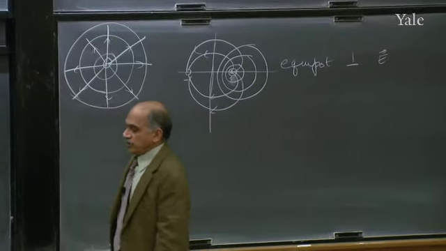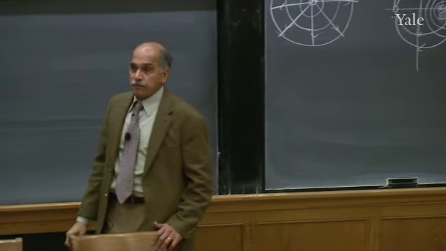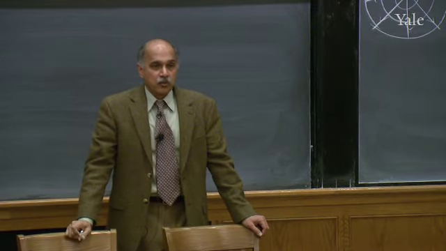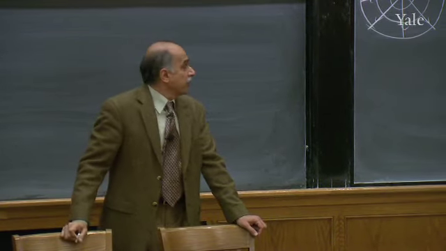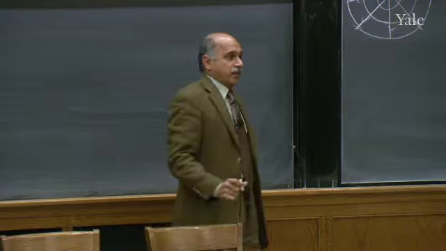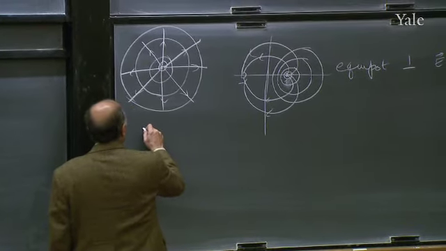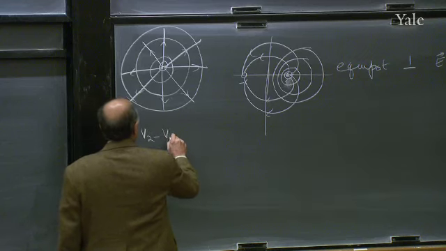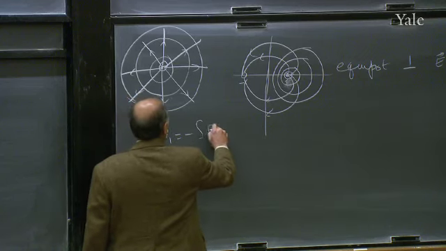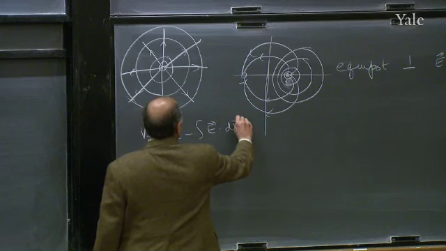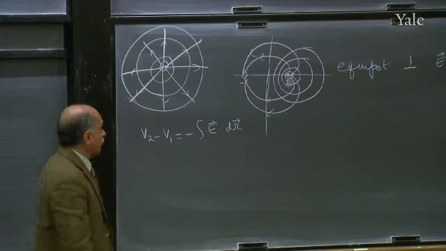So I want to explain to you that this is a very general result. This is not something true only in these isolated cases of nice symmetry. Why is that? Let's understand why that is true. You remember that V2 minus V1 is minus the integral of E dot dr from 1 to 2.